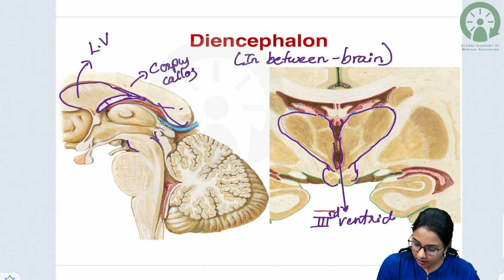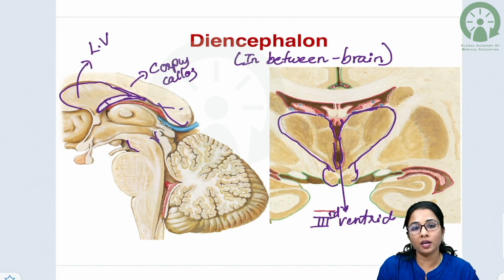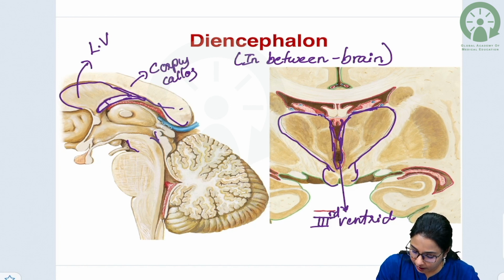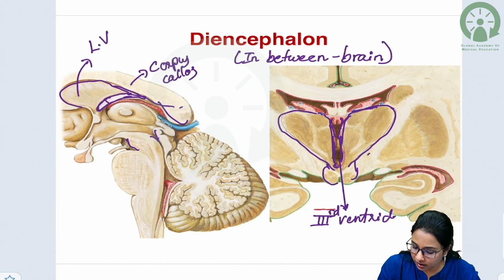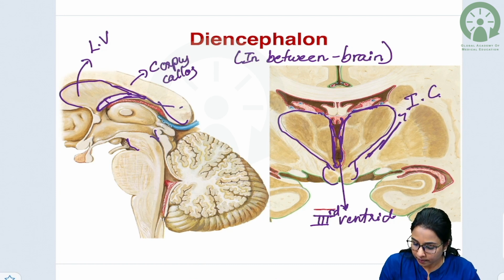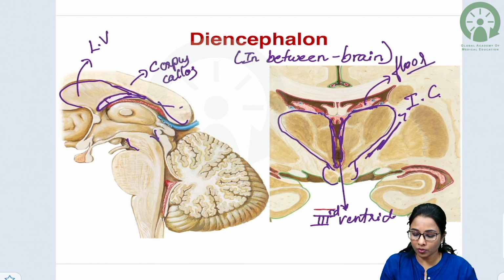The major part of the diencephalon is formed by the thalamus and hypothalamus. The thalamus forms the lateral wall of the third ventricle with its medial boundary, and laterally it faces the internal capsule. Superiorly, its medial part forms the floor of the lateral ventricle.